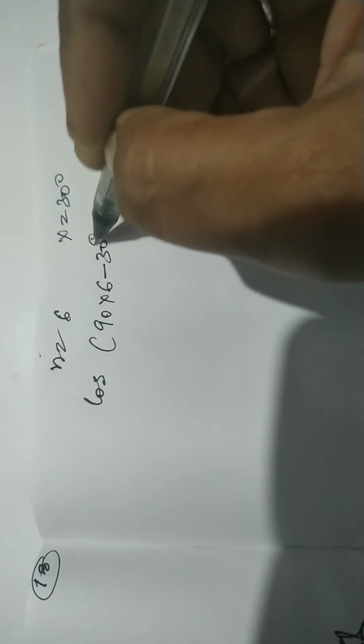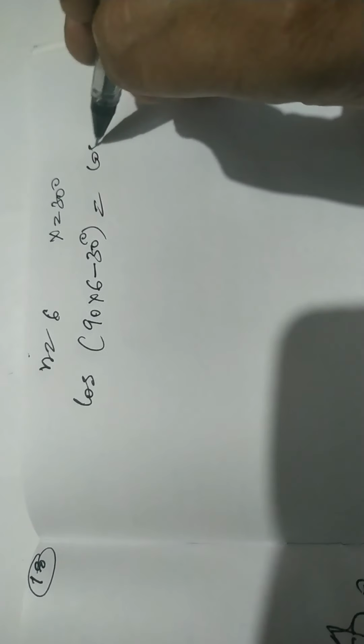Another example: if n is 6 and x is 30 degrees, we write cos(90 × 6 − 30°), which is equal to cos 30°.